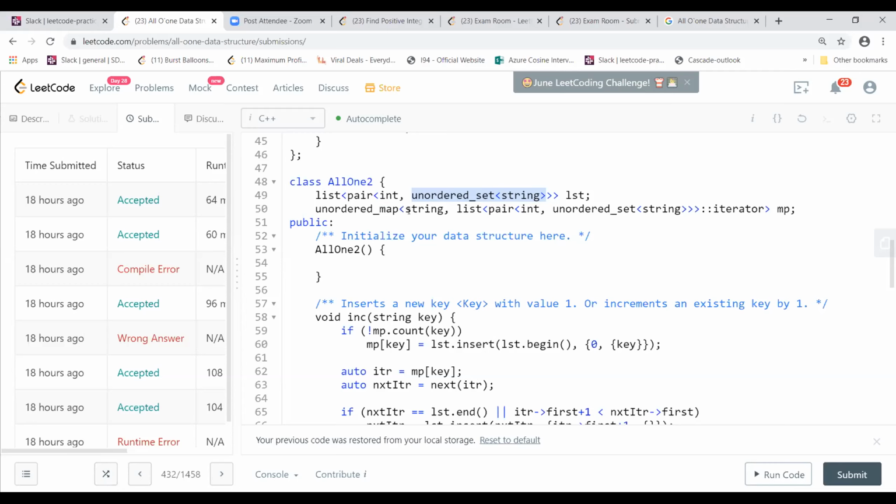And my map is mapping of a key to this particular list entry. This is an iterator. Give me a second. What you are doing is a list of a pair of count to the set. Yeah, because I want to do this operation in O of 1, correct?